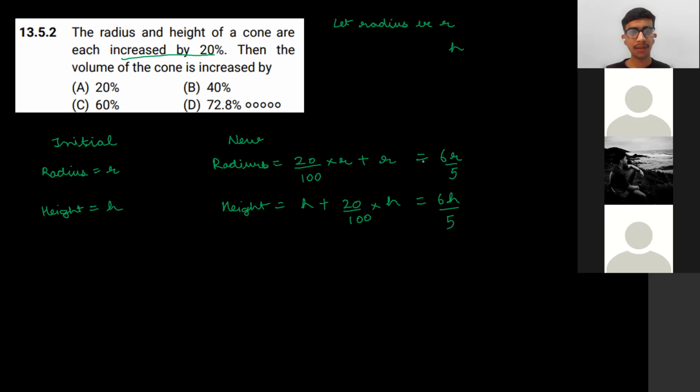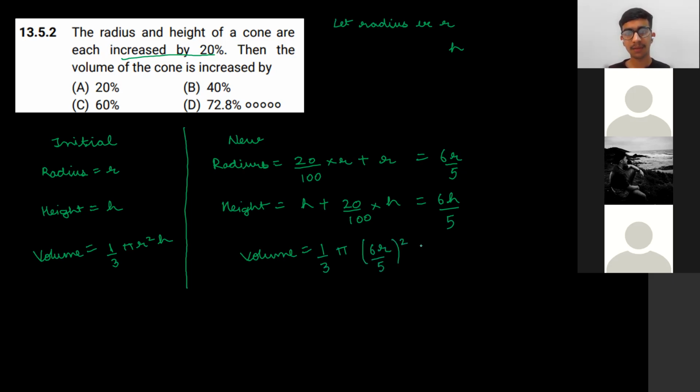Okay. Now originally the volume is 1 by 3 pi r square h. Now the new volume becomes, let's draw a line. So the new volume is 1 by 3 pi, the new radius, which is 6r by 5, the whole square, times 6h by 5. Okay. So I'll take 1 by 3 pi r square h out of it.